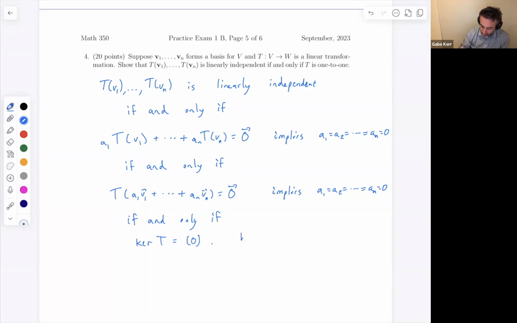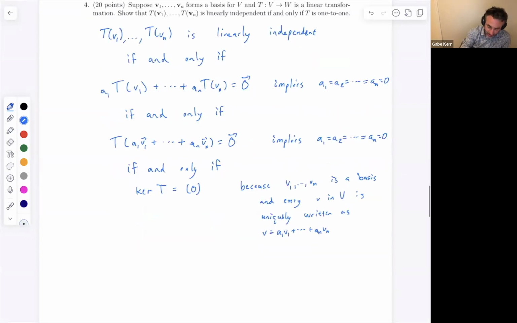Now, why is this true? Because V1 through Vn is a basis, and every V in V is uniquely written as a linear combination A1 V1 plus through An Vn.